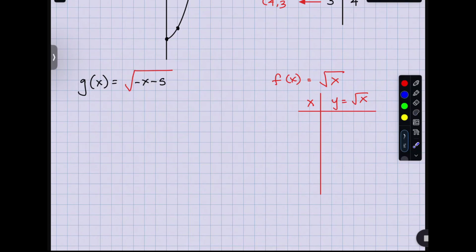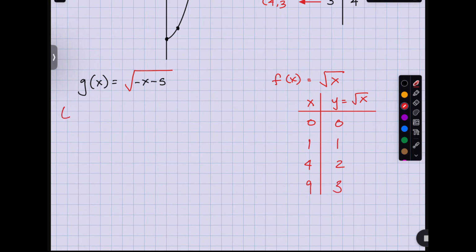Just like the problem we did was parentheses squared, that's the parent function. Okay. So I can pick any x and get any y, right? So maybe I pick 0, 1, 4, 9. Do you guys all know why I picked those numbers? Awesome.